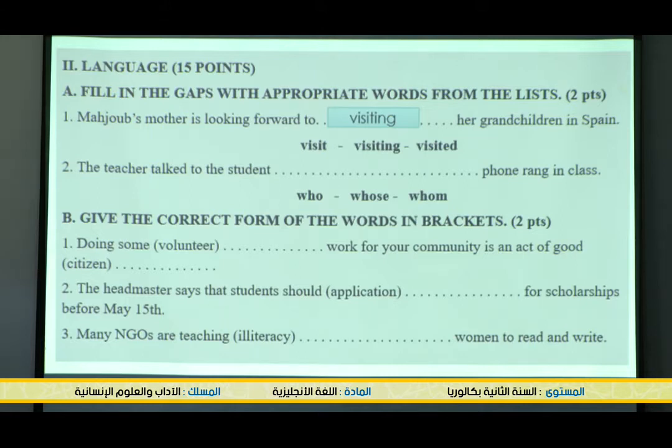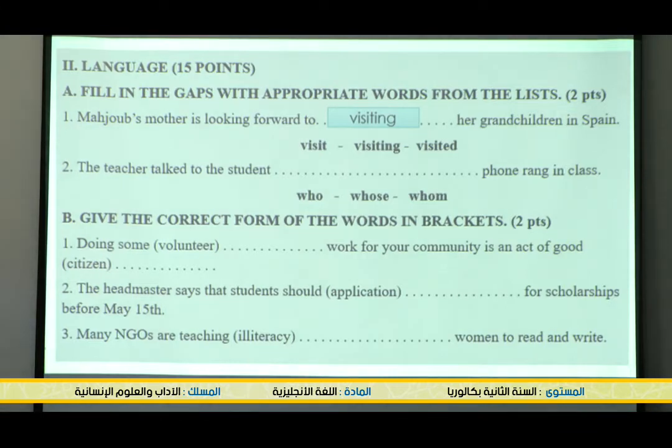The answer is, it's the student. It's her or his phone which rang. So it's possession, and we said one of these indicates possession. So what do you think?